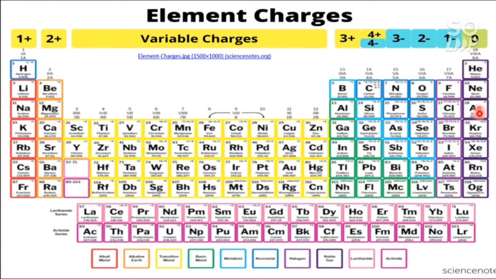And the last group, the noble gases, has 0 charge. Okay? So, this diagram shows the charges of the elements in the periodic table. You can find this on Google. You can print one for yourself, or you can screenshot this slide. Okay, so this will be very helpful in naming the compound and writing the chemical formula.